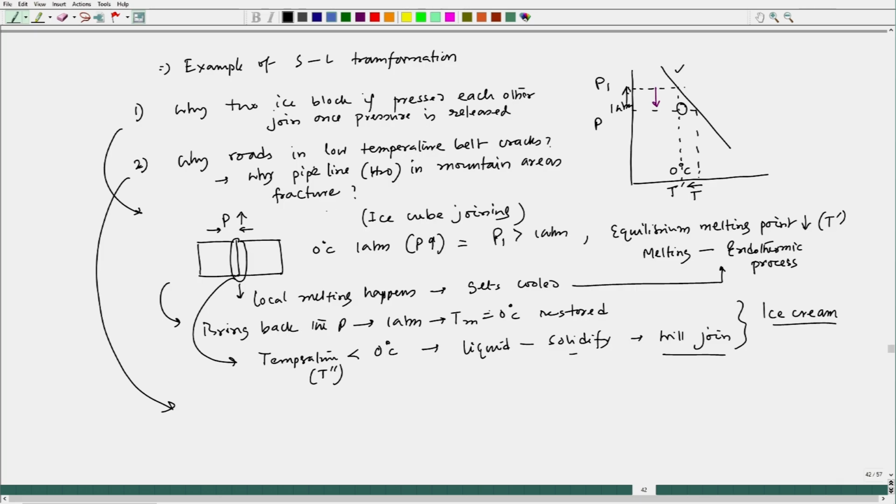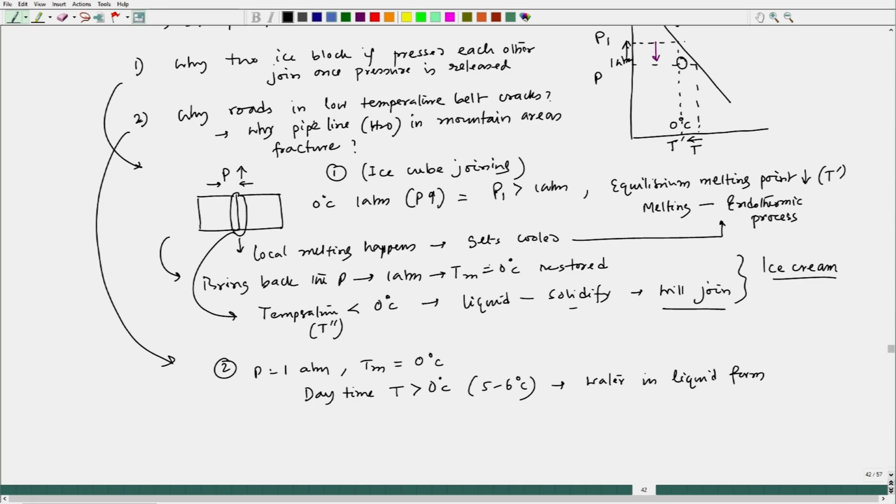Now, this is the first part, and this is the second part. Similarly, let us say it is daytime and the atmospheric pressure is 1 atmosphere. The equilibrium melting point for solid to liquid should be 0 degrees Celsius. Let us say the daytime temperature is greater than 0 degrees Celsius, say 5 to 6 degrees, which allows water in liquid form.